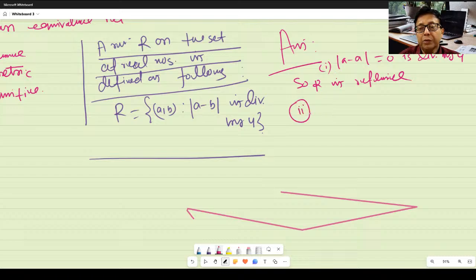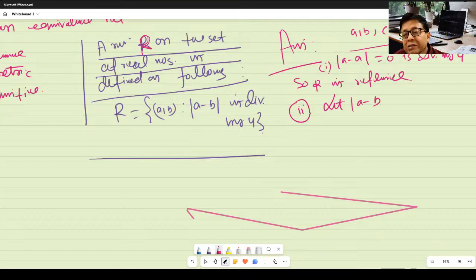Number 2, let, always you are assuming that A, B, C belongs to what? R. You take the thick R this manner always. Relation only by R, but thick R means set of real numbers.